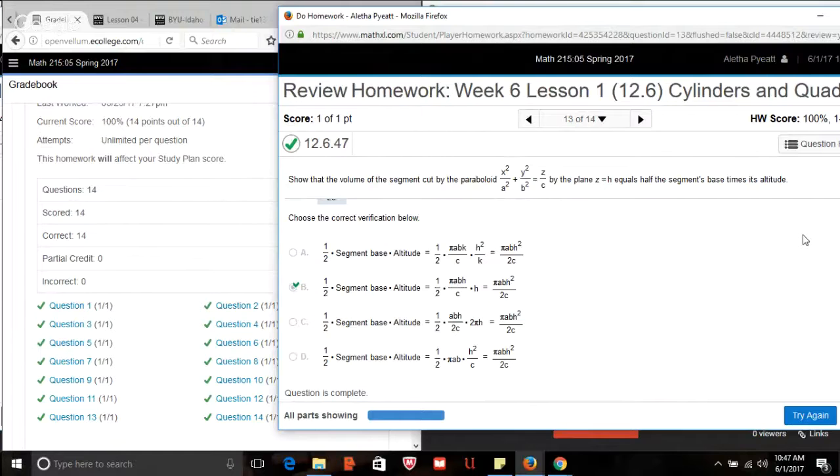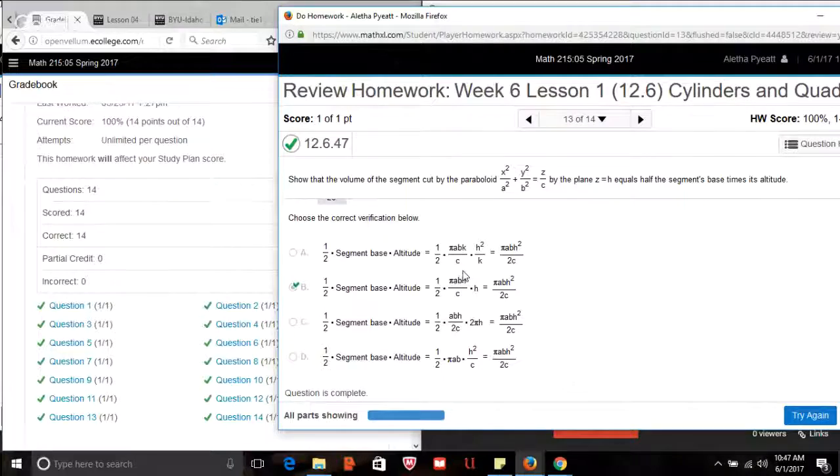Oh, okay, actually, I do understand what it's saying. Okay. So the segment base is the area we got in the first place, so that's the base. And you have 1/2 and a height.